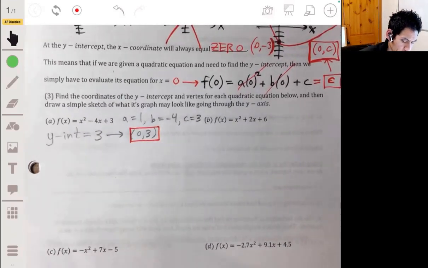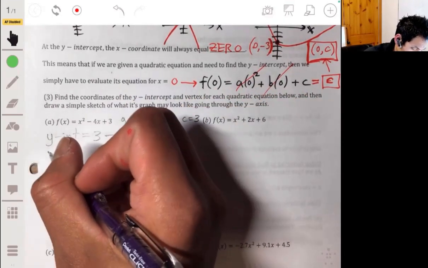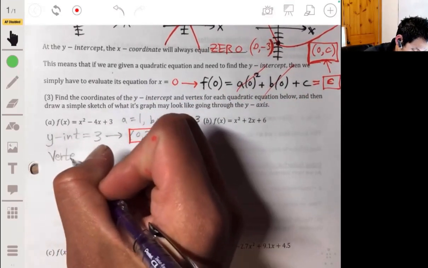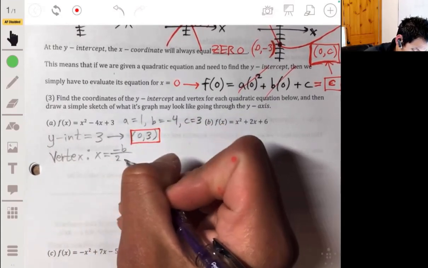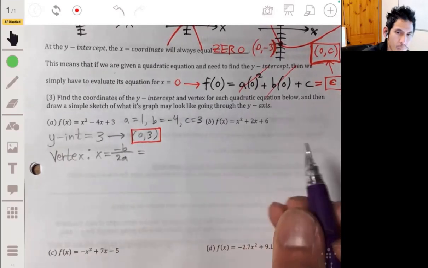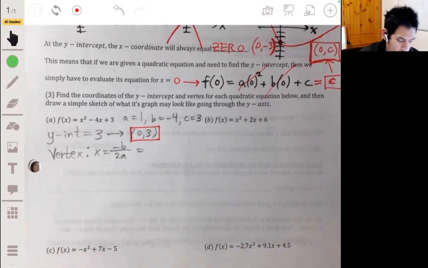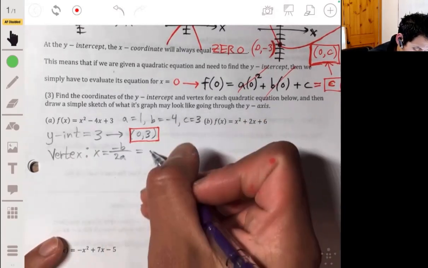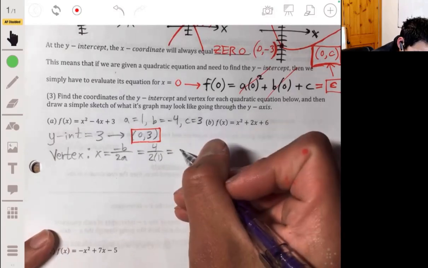Now, what about the vertex? Let's remember the equation for the vertex, which starts with the x coordinate being equal to -b over 2a. -b over 2a, -(-4), so that'll be 4 over 2 times 1, or 4 over 2, which will give us 2.